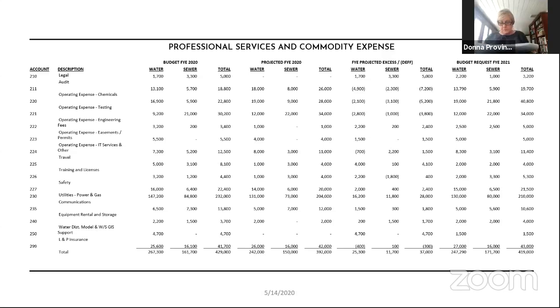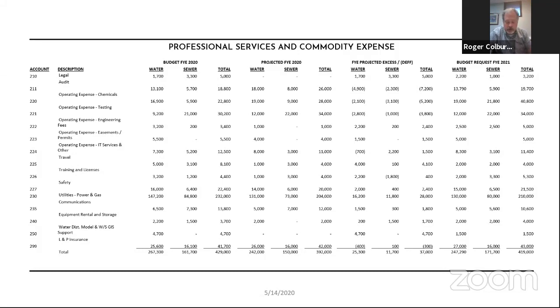So just on a comparative basis, if you take a look at last year, what we budgeted commodities at on the water side, we budgeted at 267. We think we're going to end the year about 242. Last year we budgeted 162 plus or minus, and we think we're going to end the year at 150. On a total and combined basis, we think we're going to finish at about 392,000.